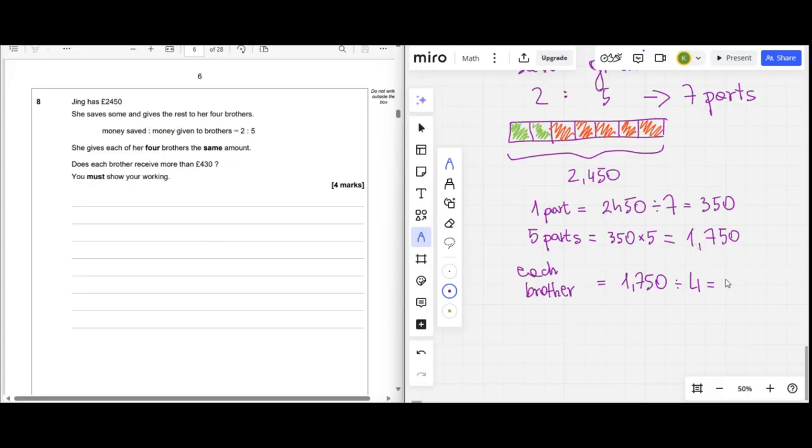So, 1,750 divided by 4 is 437.5. Does each brother receive more than 430? Yes, this is more than 430. Lovely.